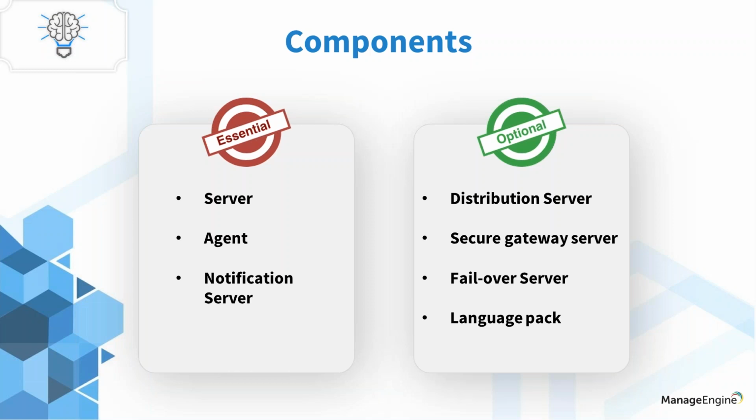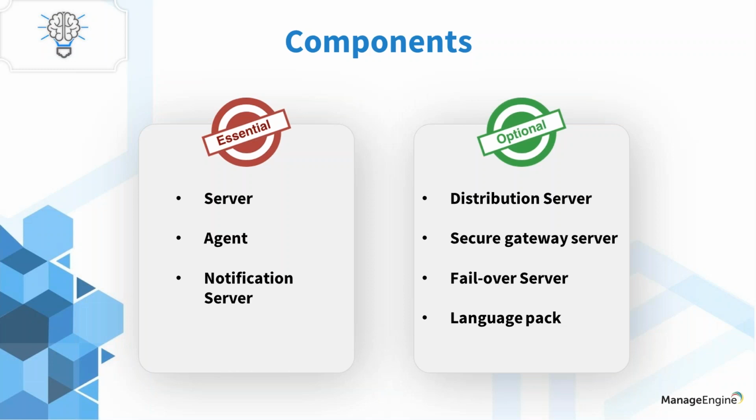When we look at the optional components, we have a distribution server that serves as a repository for patches, software, and scripts that you have deployed to machines in the remote office. We can create unique replication policies for each location as per the bandwidth requirement. Then we have the secure gateway server.